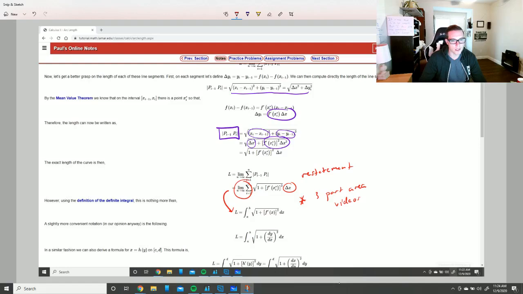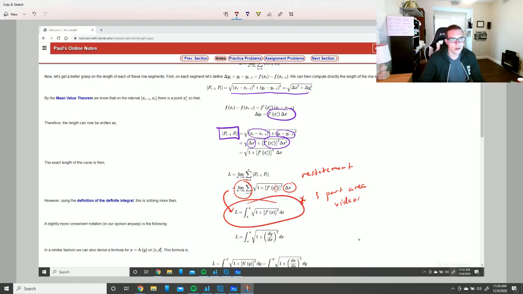Those 3 pieces together allow me to say, that's literally the definition of what an integral is. And that gives us our arc length formula. And then they generalized. They're just getting rid of the asterisk and the i, saying it's applicable for all derivative functions. And that's the formula for arc length.